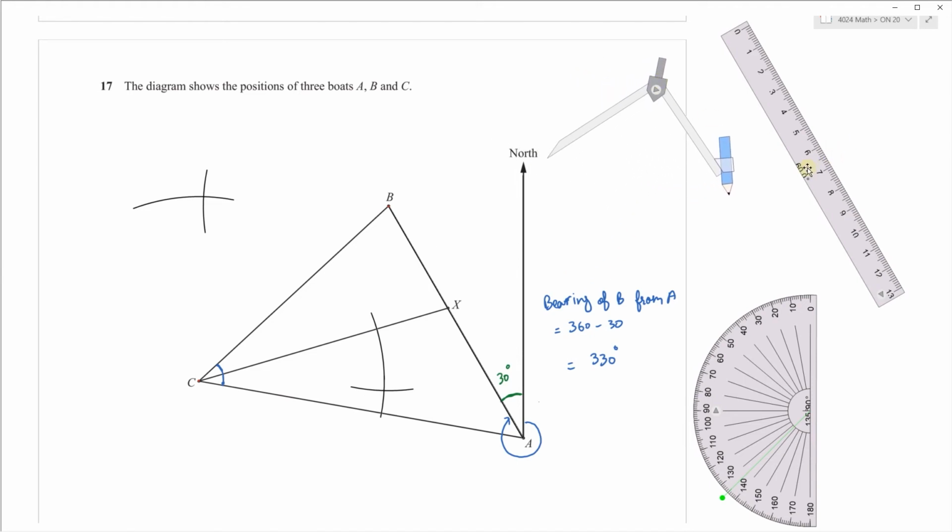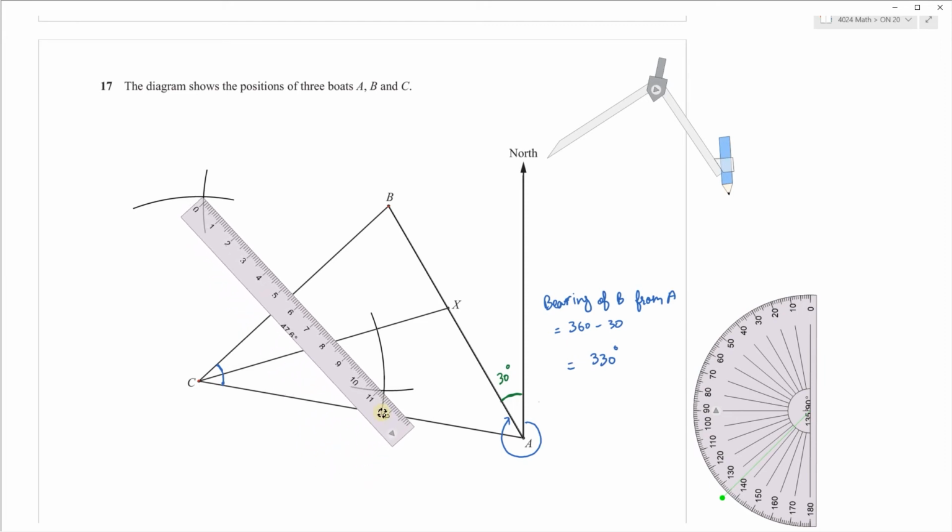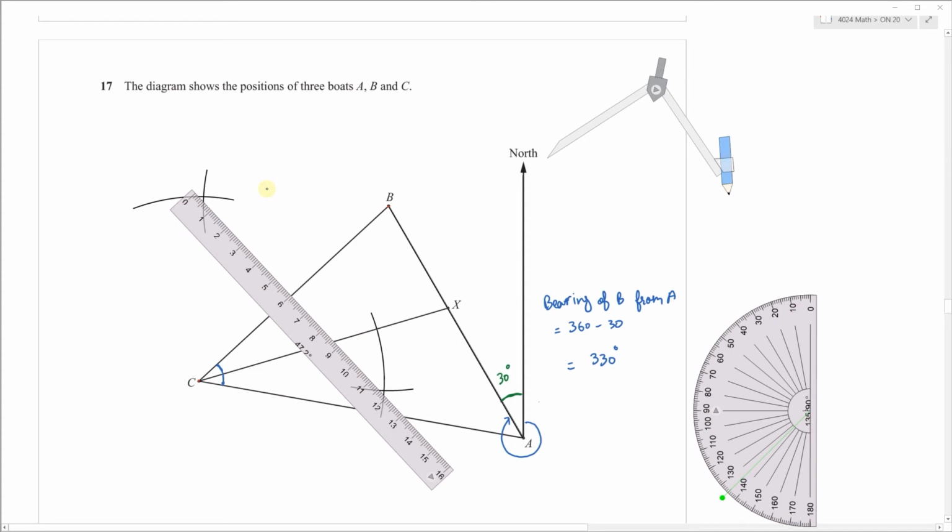Since I have to draw the locus only inside the triangle, I can align my ruler here between the two arcs like this, extend it a little bit, and then just draw the line only inside the triangle ABC.